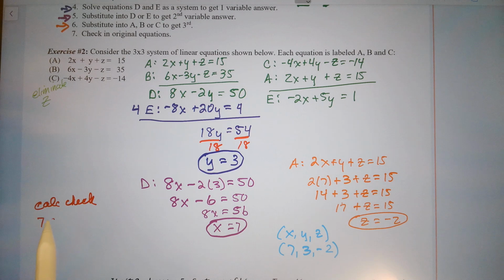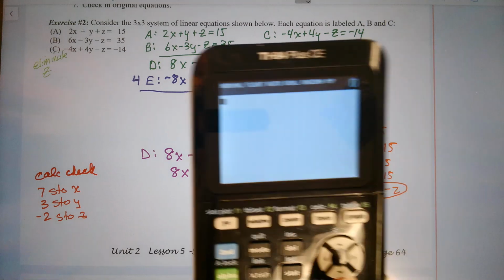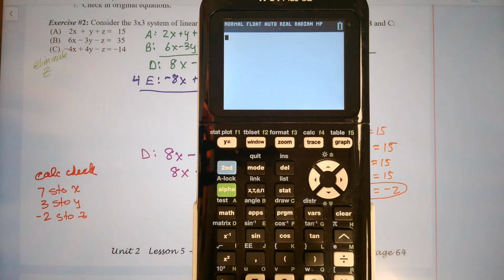We're going to take 7 and store for x, 3 store for y, and -2 store for z. So 7 store for x, enter. 3 store for y.